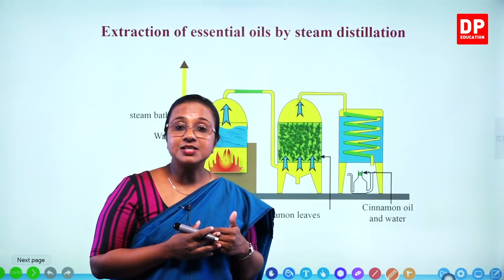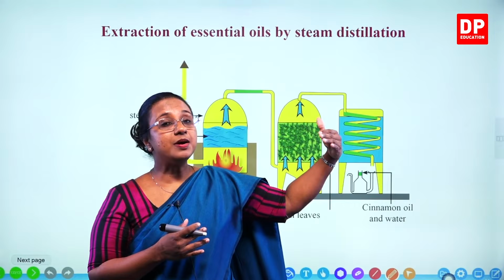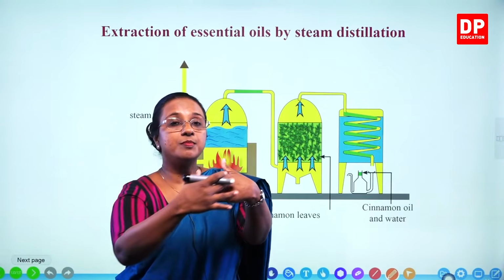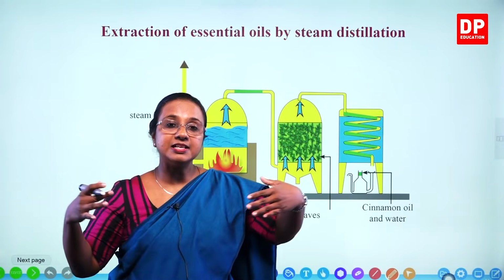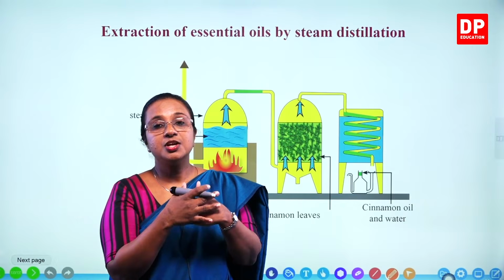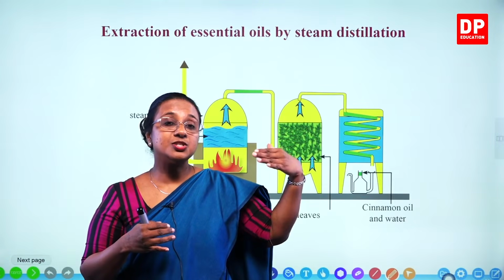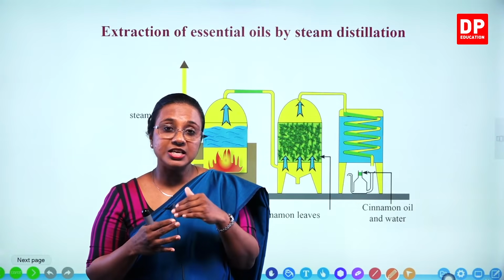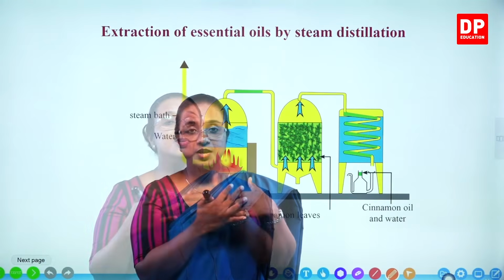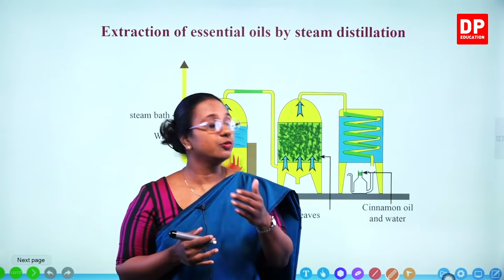What did we discuss with the condenser structure? When vapor goes from the top to bottom, water flows from bottom to top, and there is an opposite direction in the two flows. So it actually slows down the movement of steam, and there is enough water around the steam, so that gives rise to very efficient cooling.